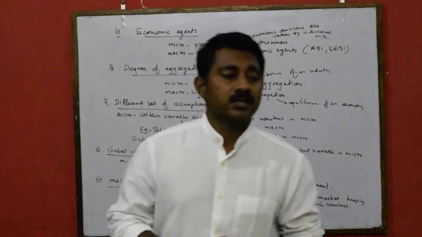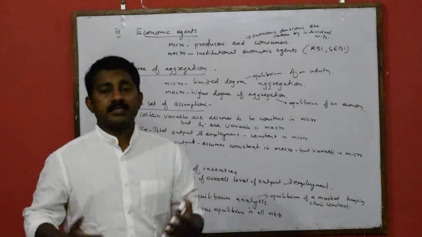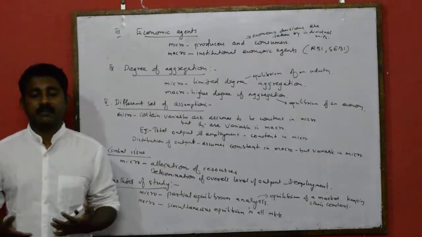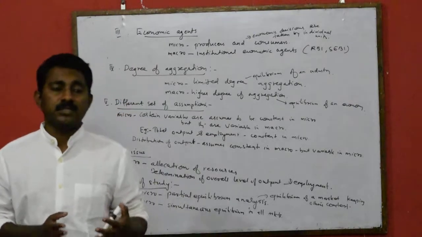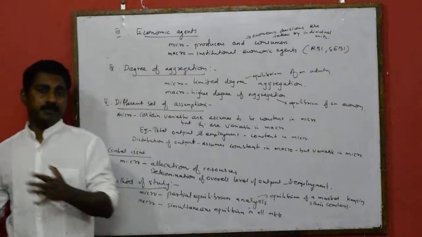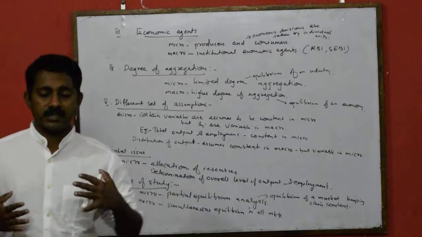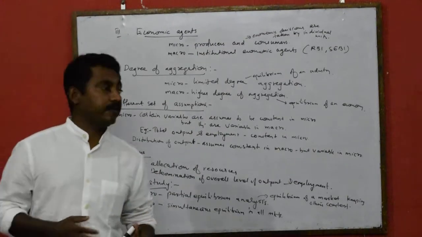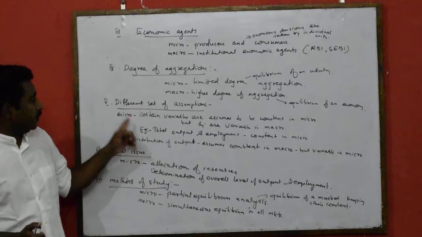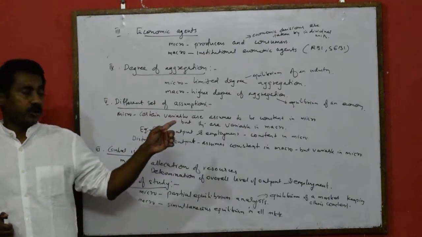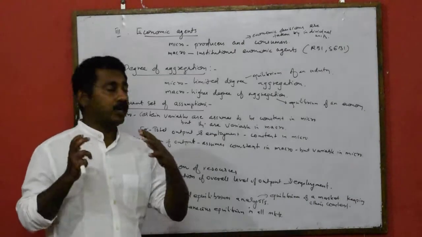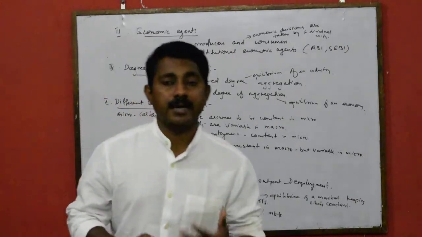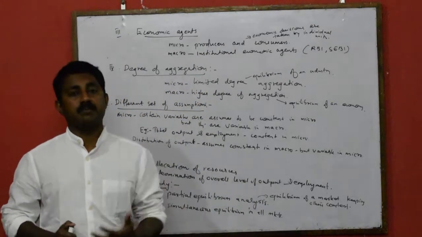And we are moving towards the fifth difference between macro and microeconomics, that is different set of assumptions. You know that in economics we use different assumptions. Simply the relationship between two variables is studied keeping all other factors constant, which is technically termed as ceteris paribus. So in my different set of assumptions point, in microeconomics certain variables are assumed to be constant but they are variable in macro.